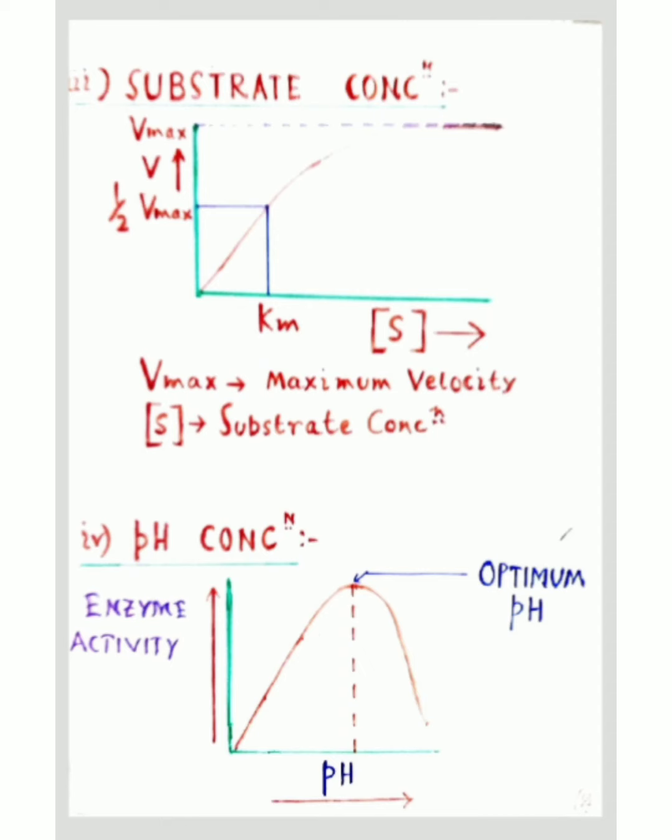In the picture you can see that initially, at relatively low substrate concentration, the activity increases almost linearly, but with further increase in substrate concentration, smaller and smaller rise in enzyme activity occurs.